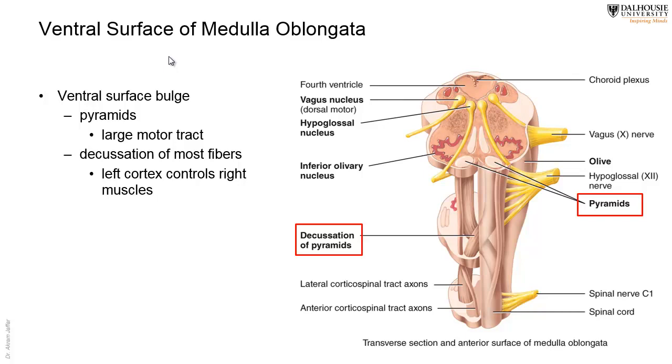A major crossing of these fibers takes place in the medulla, where these fibers, the pyramidal fibers, or the fibers that are present in the pyramid, they cross in the medulla. Okay? So that's how the brain controls the contralateral side of the body.